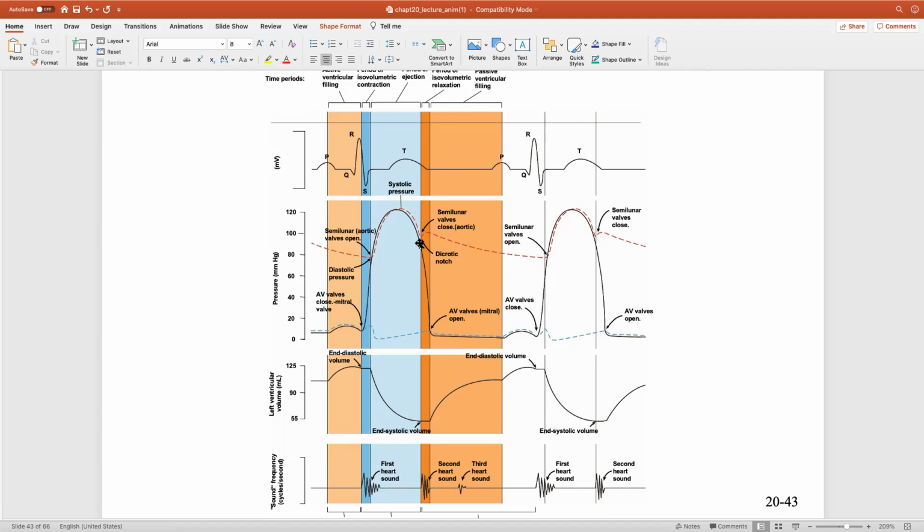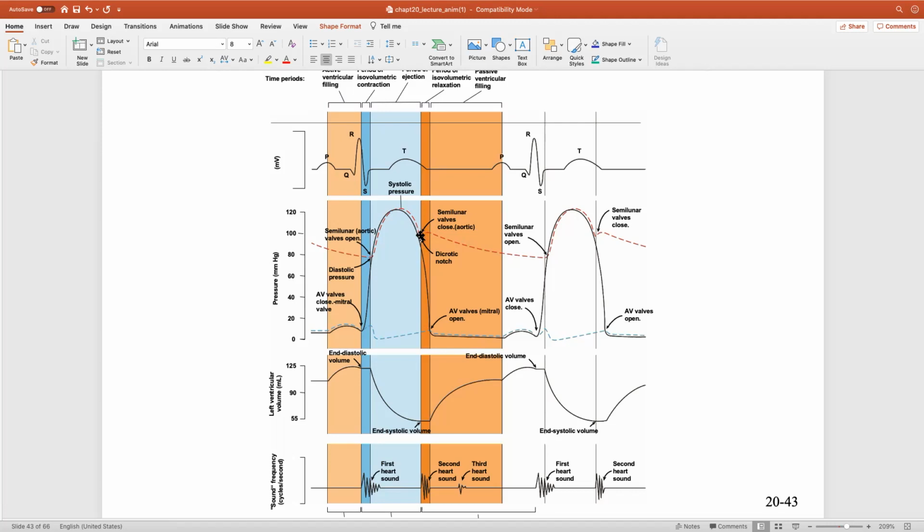The blood that you just ejected at the very end no longer has that forward thrusting pressure. Instead, the aorta recoils, causing blood to move backwards. As the aorta causes blood to move back towards the aortic valve, that blood moving back causes closure of the aortic valve.